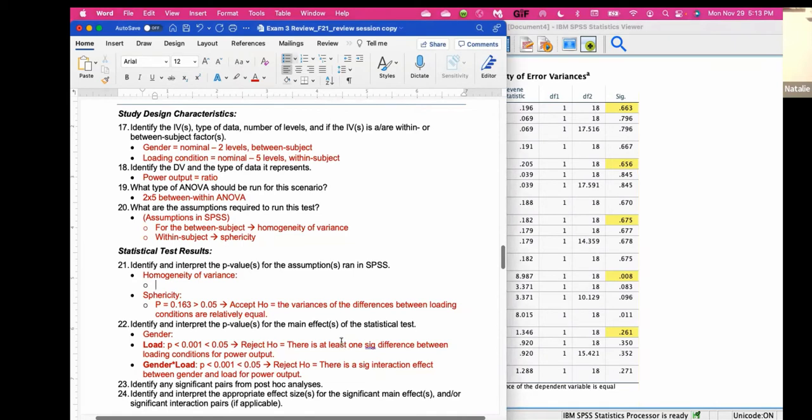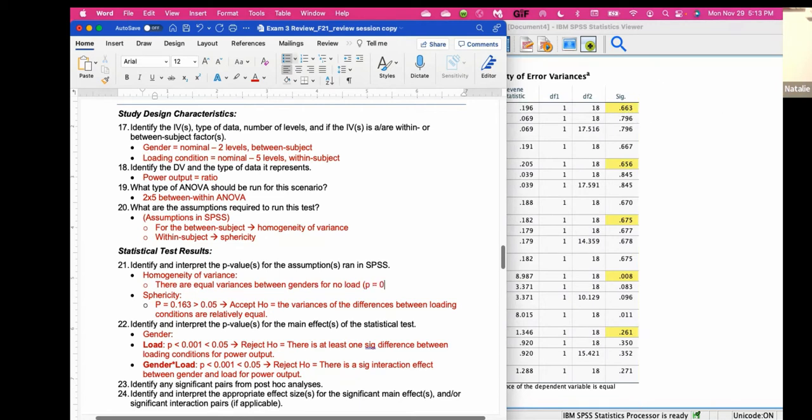Let's say, we could write it this way. There are, hey, I want it red. There are equal variances between genders for our no load condition, which is the first one.